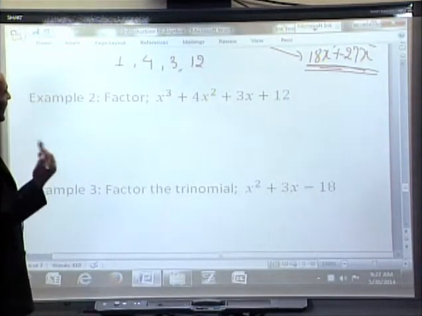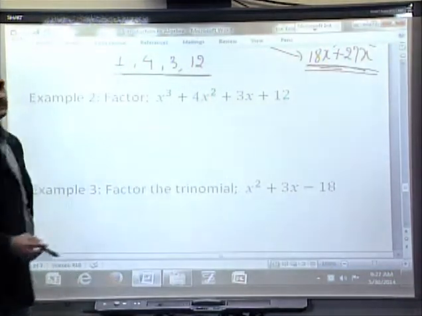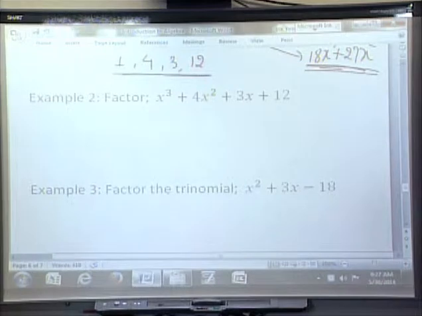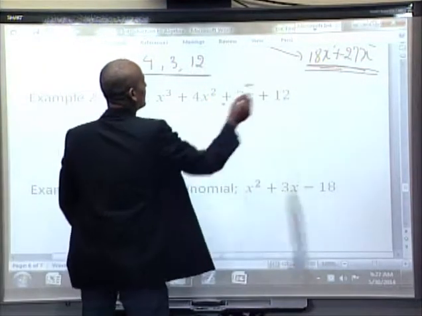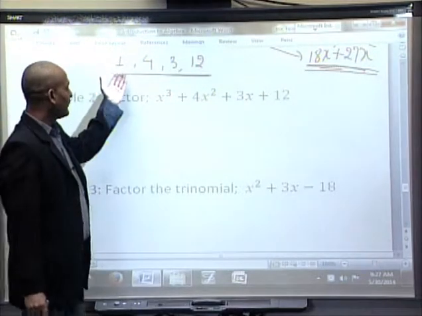The first question we have to think is, is there any common factor in these 4 terms? We immediately notice that 3 is a prime number, so there is no common factor between 3 and 4. In fact, there is only 1, and you cannot break 1 into more factors, so there is no common factor in all 4, looking just at the numbers.